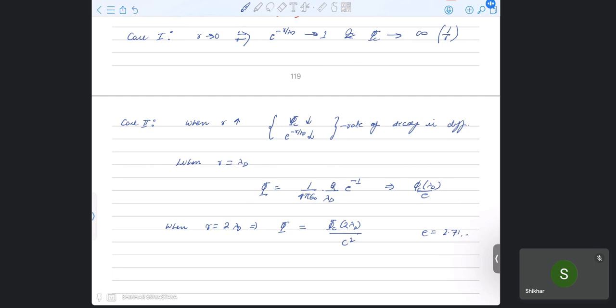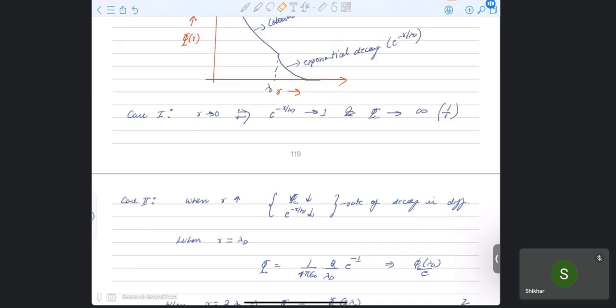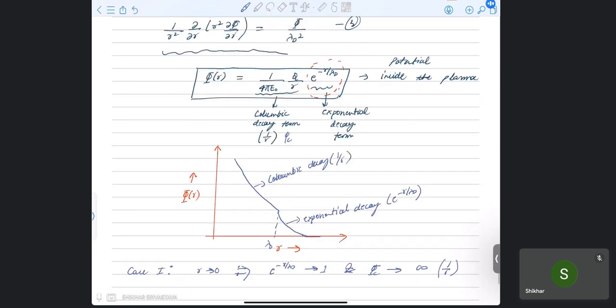So if you keep on increasing the distance, the potential will keep on decreasing exponentially, because you are doing e square, e cube, e4, so the rate of decrease becomes steeper. That's why till lambda D, when r is equal to lambda D, it follows the Coulombic potential, and after lambda D it starts decaying exponentially. e square, e cube will come, and e4 will come, so there will be exponential decay. So that's why we get this kind of term.